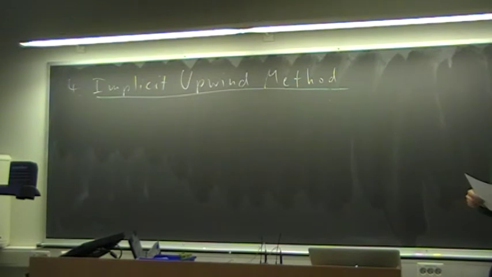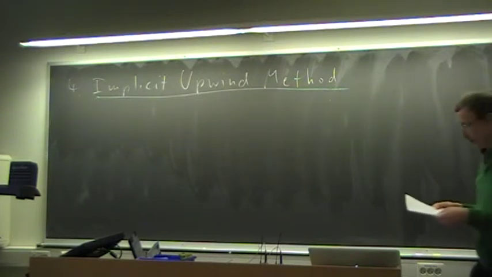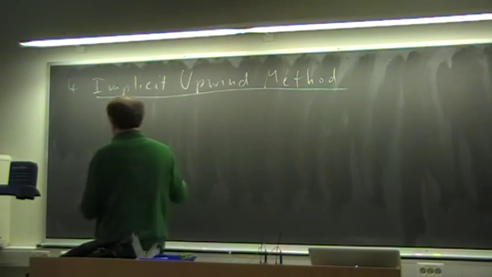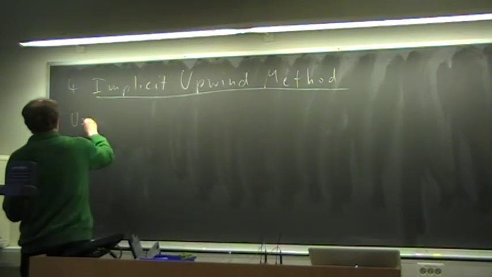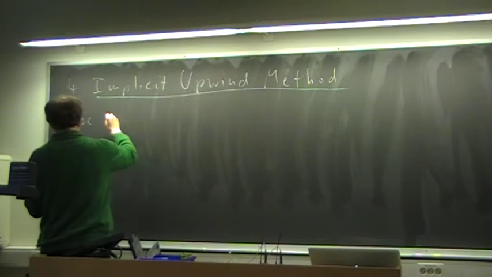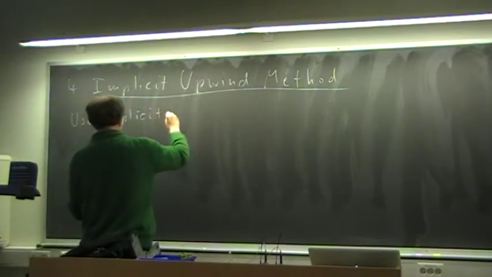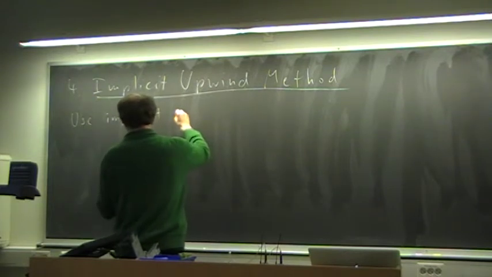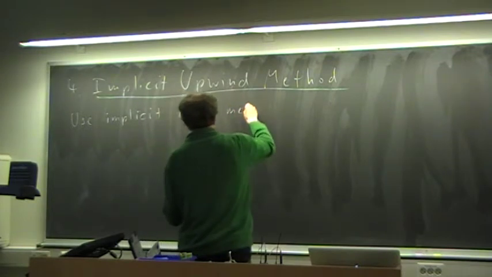We got the explicit upwind method by taking an upwind difference on the spatial discretization. We shall also do that here. But instead of using the explicit Euler method in time, we shall use the implicit Euler method. So that is the only difference.